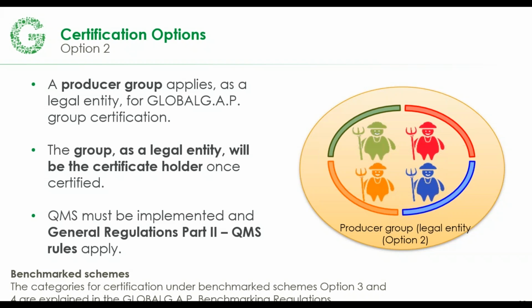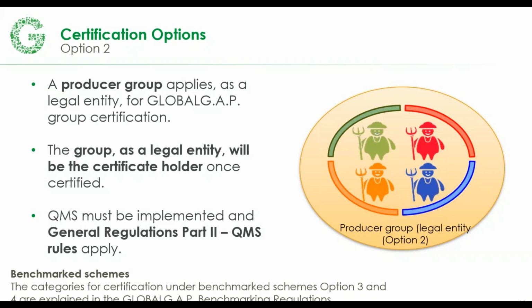So this would be any sort of legal entity that's responsible for agricultural production or agricultural trading could be the legal entity here. I want to clarify that some other sorts of trade organizations, such as a strawberry commission or a cantaloupe cooperative, which is a more governmental lobby organization, would not qualify as a group option.